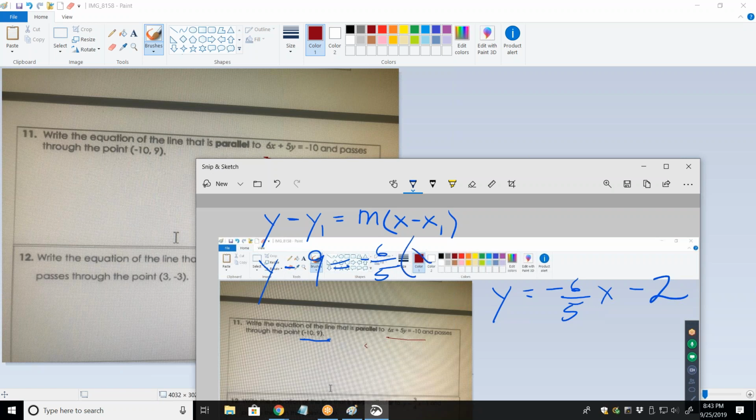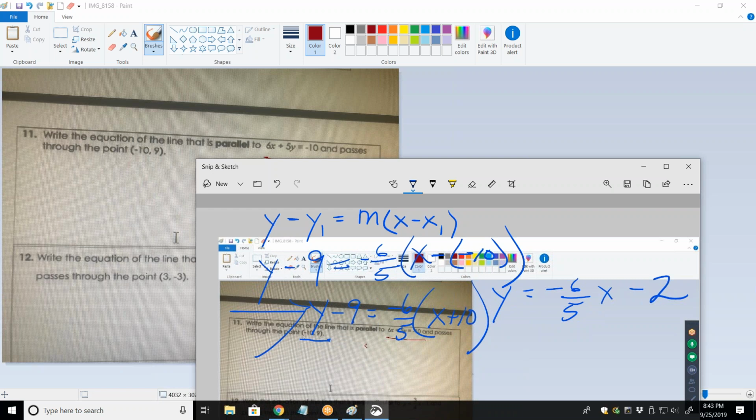What's my x point? Negative 10. So that becomes y minus 9 equals negative 6/5 times x plus 10. And believe it or not, that's the final answer. That is the equation of that second line.